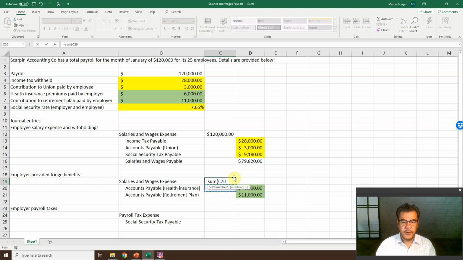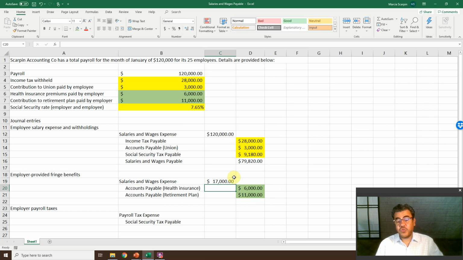So sum of the credits less the sum of the debits. We don't have debits here. So $17,000. So the total of salaries and wages expense is 120 plus 17. So it's 137. And the employer payroll taxes, the security taxes payable.